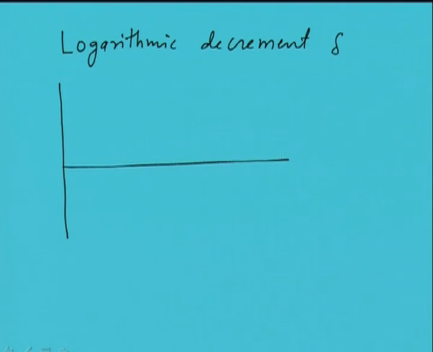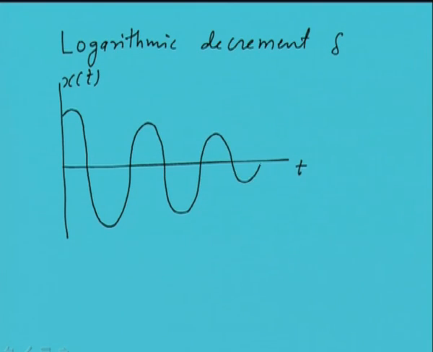The term we will be defining, which will be useful for finding the damping, is the logarithmic decrement. Generally we represent this as delta. So if we have a free response of a system, if we give a disturbance to the system, it may have oscillation like this, and gradually it dies out.